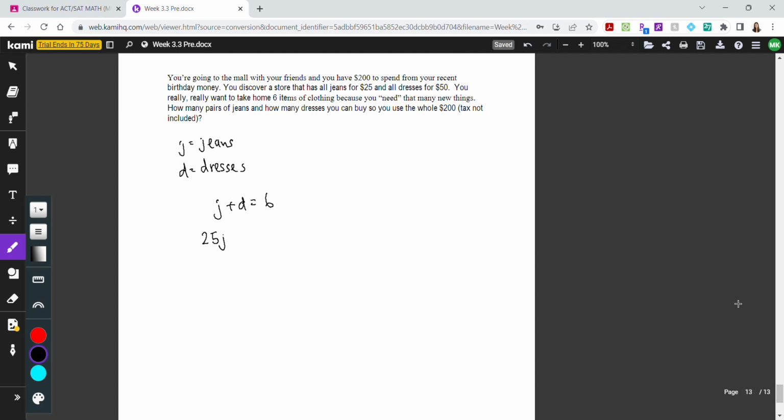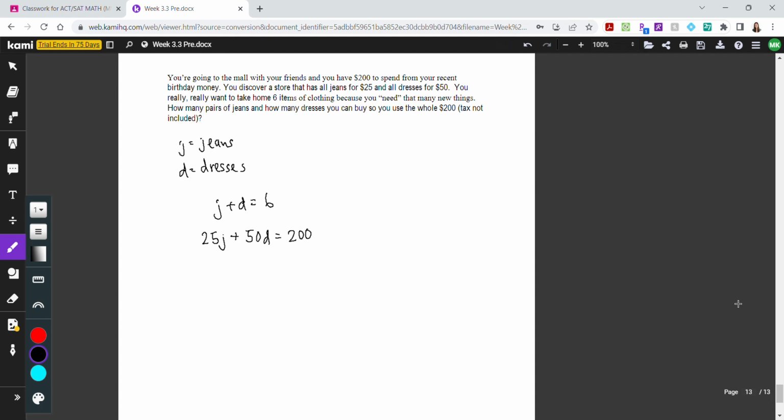We have 2 jeans, it's going to be a total of 50, that kind of stuff, right? Plus each dress is going to be 50, so plus 50D equals the total amount that we can spend, which is 200. All right, so this is in terms of quantities, this is in terms of money. And we want to find the number of quantities that we can have for each jeans and dress.